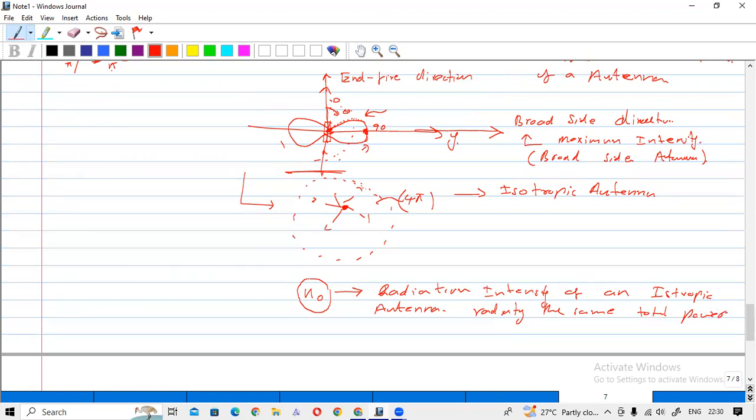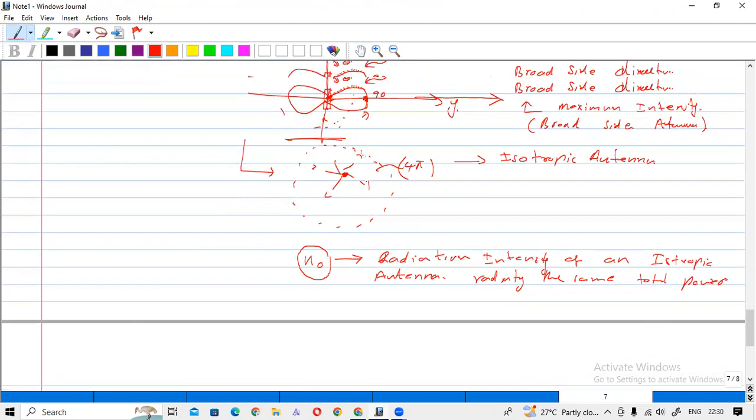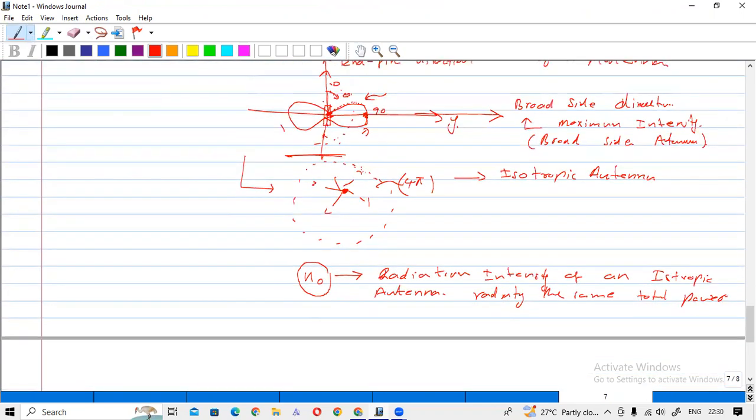So for the infinitesimal dipole, U is not uniform, but there is a total radiated power.